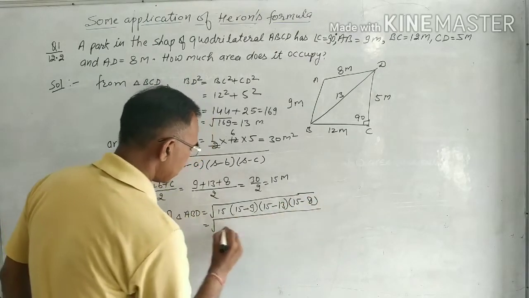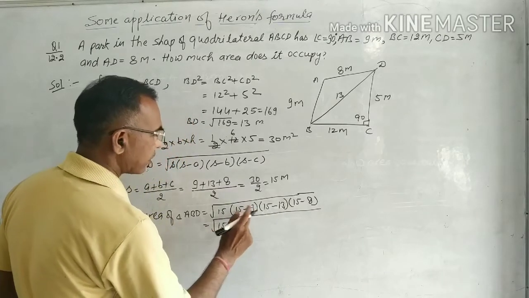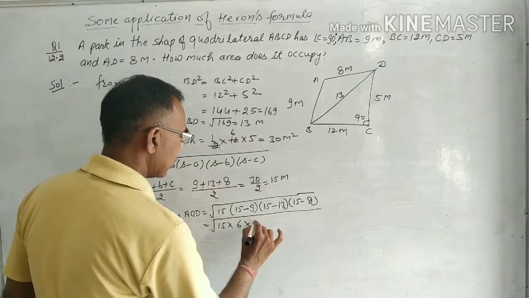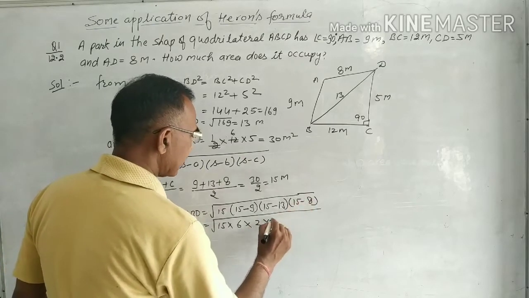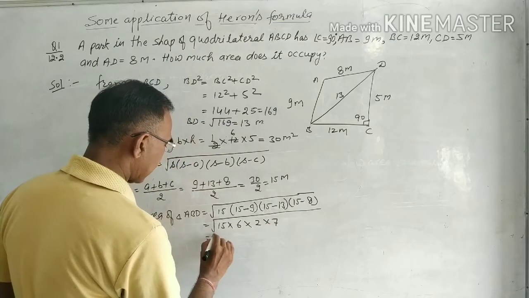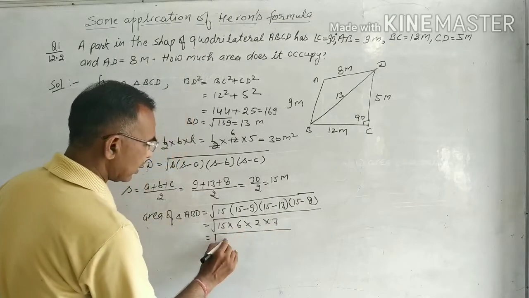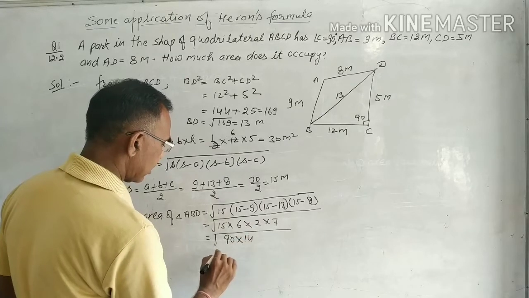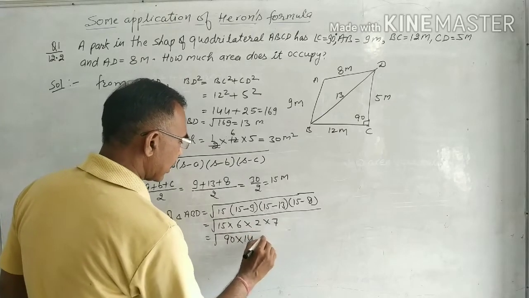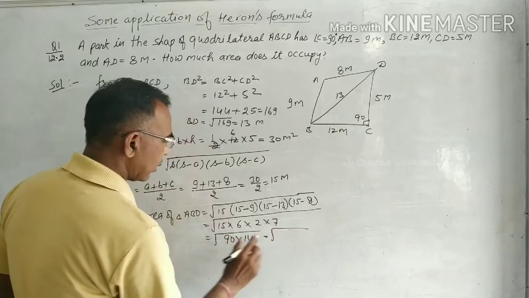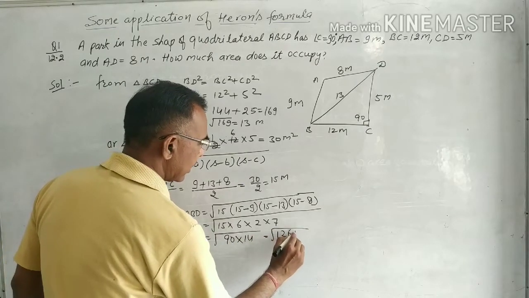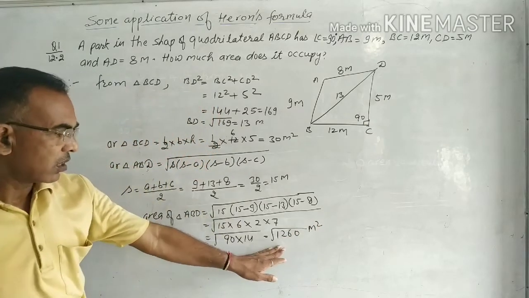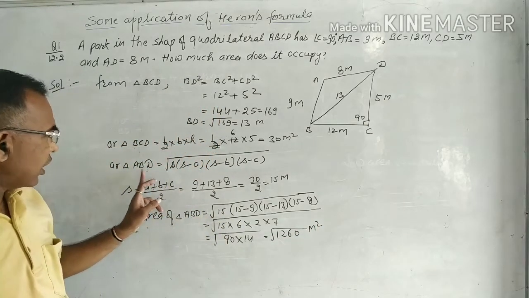Next: 15 into 15 minus 9, 6. 15 minus 13, 2. 15 minus 8, 7. So multiply: 15 times 6 is 90, 2 times 7 is 14. Now multiply 90 by 14, 1260 meter square under the root.